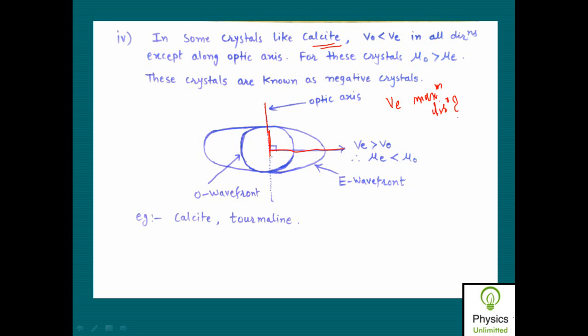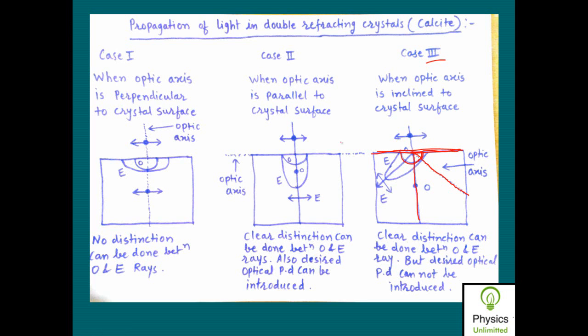So here the ordinary ray will travel along this direction, because the wavefront is spherical. It means that it has the same velocity in all possible directions, but the extraordinary ray will travel in a direction which is perpendicular to the direction of optic axis, because its velocity is maximum in this direction. So as this is the direction of optic axis, this is the direction which is perpendicular to it.